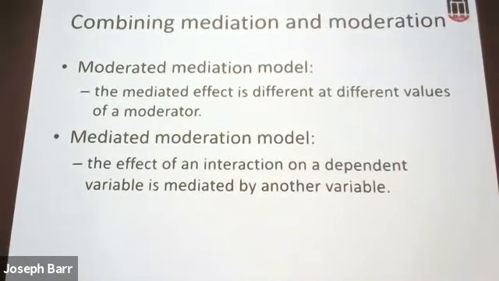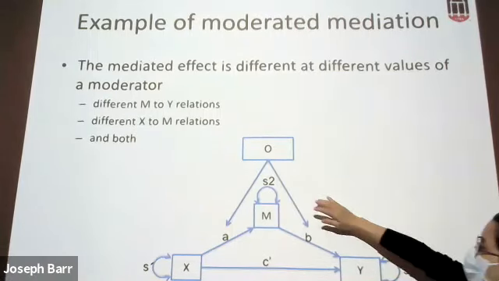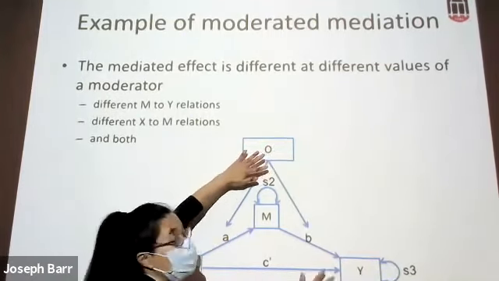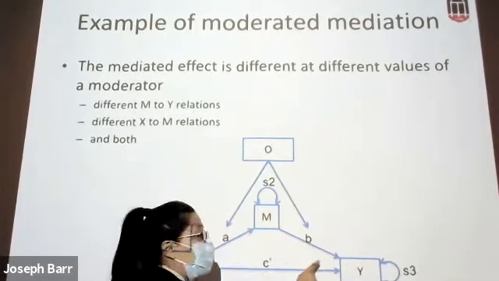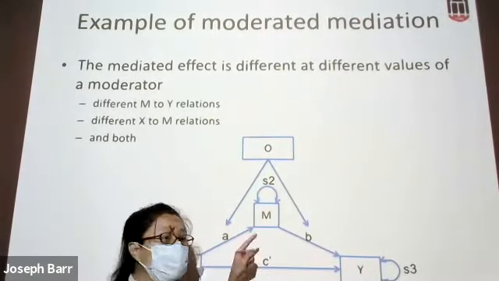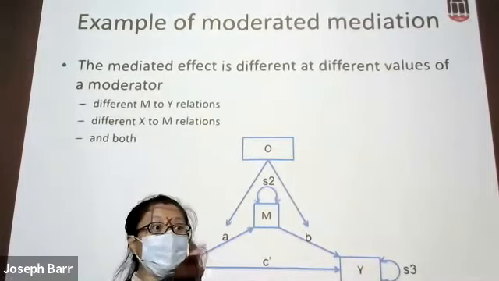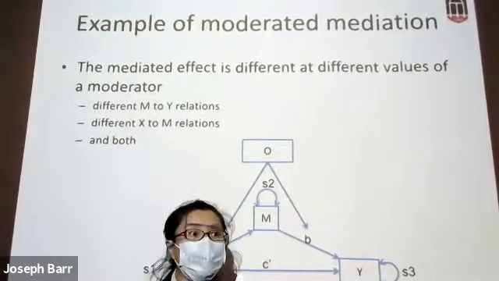Let me give you some examples so that it's really easy to understand those concepts. For example, this is the mediation. If I take out the O here, it is a mediation. But the paths A and B could be different if we take different values of O. In that case, it is moderated mediation.